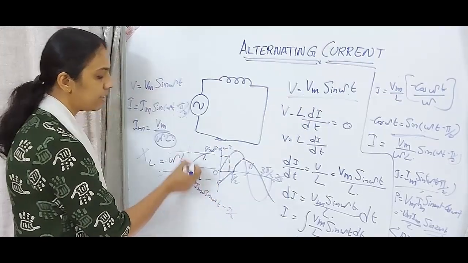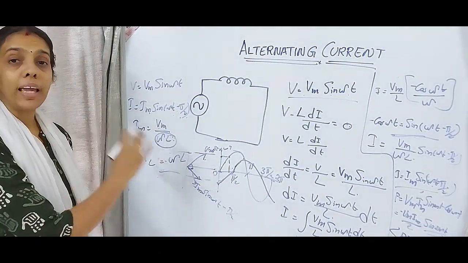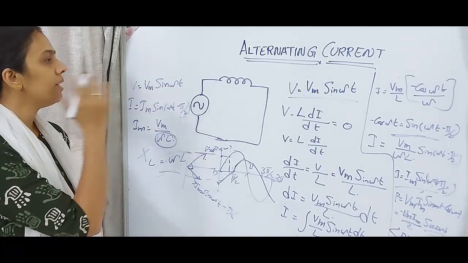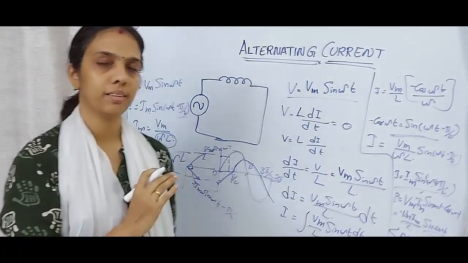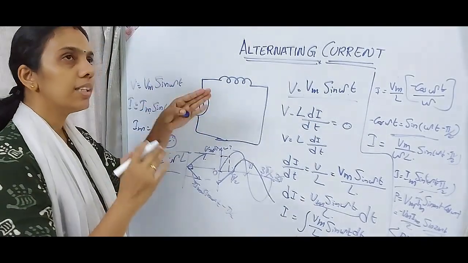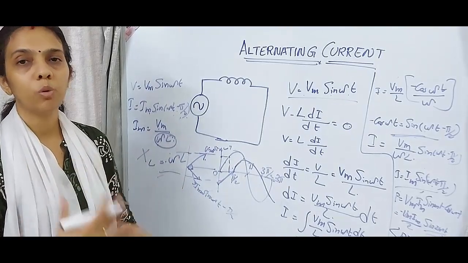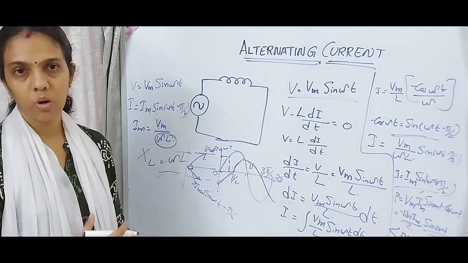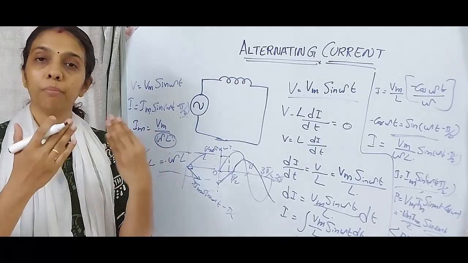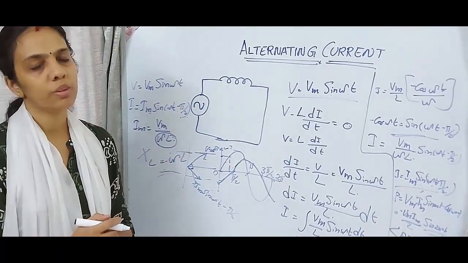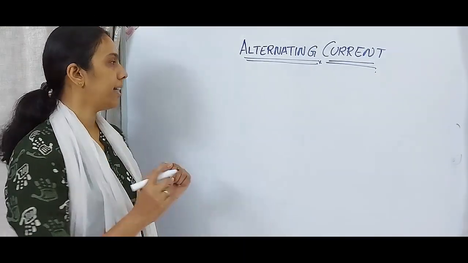Okay, children, clear? This has a phase difference of 90 degrees. This is the phasor diagram for an AC circuit passing through an inductor. So voltage is ahead of current, or current is behind the voltage. Clear, children? Next we are going to look at the theory behind it.